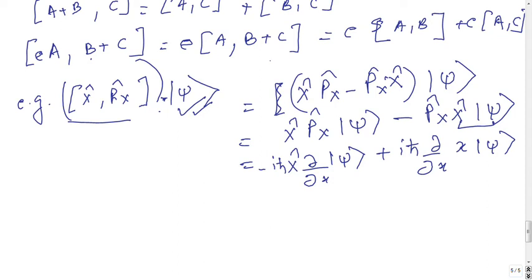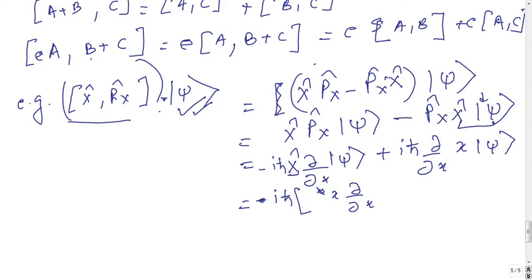Okay, this is the effect of this operator capital X hat on the state vector xi. So this would become, there would be then iota h bar which can be taken outside, x, this again would become del x.